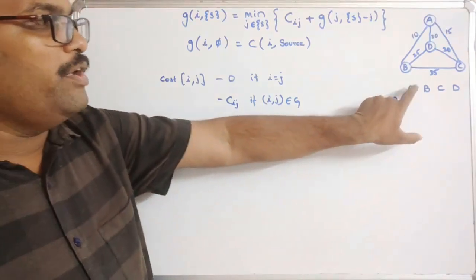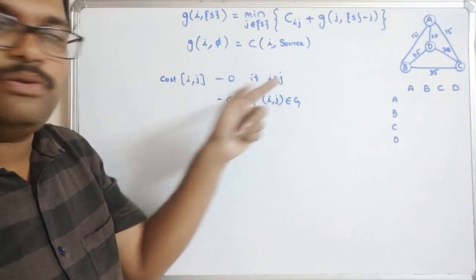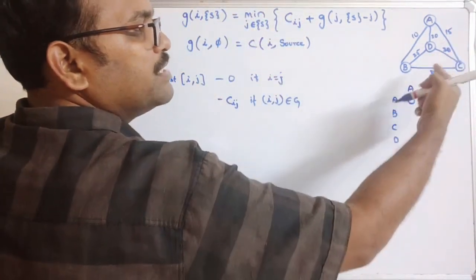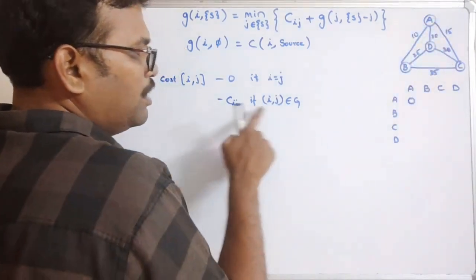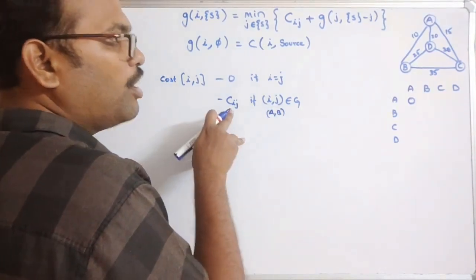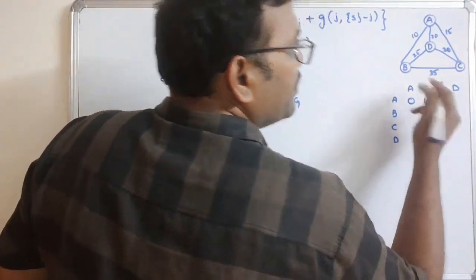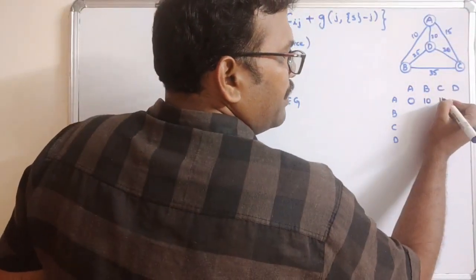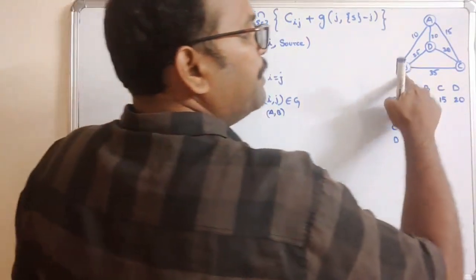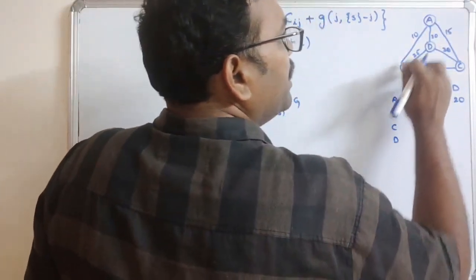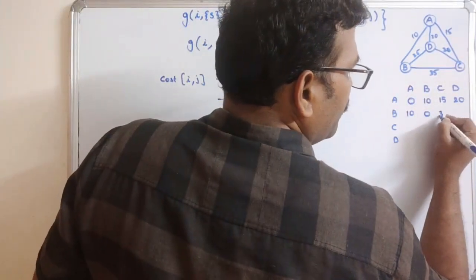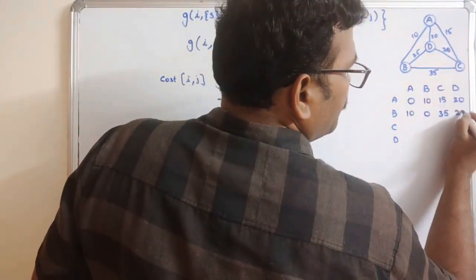Okay, see, A to A. So i is equal to A, j is equal to A. Obviously it will be 0. Next, A to B. Yes, there is an edge, so A comma B belongs to the graph. So that implies the cost is 10. Next, A to C, 15. A to D, 20. Similarly, B to A is 10, B to B there is 0, B to C is 35, B to D it's 25.